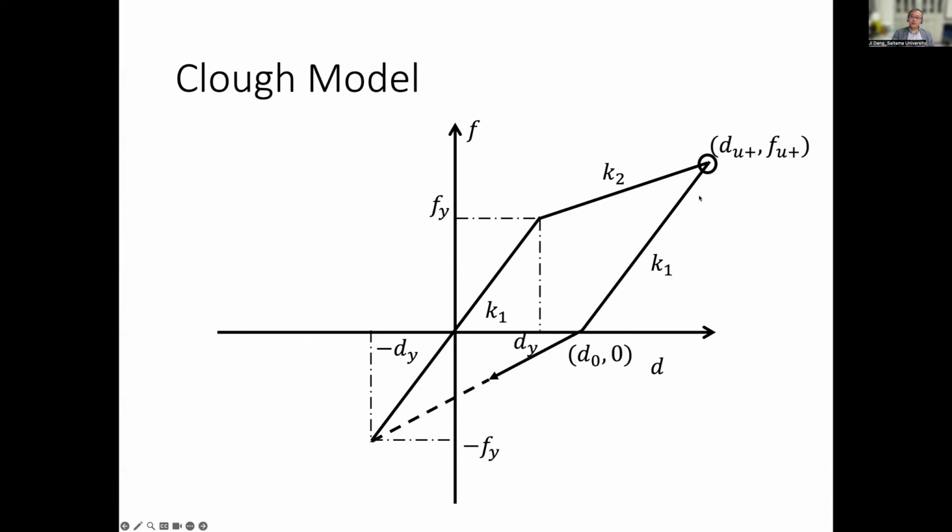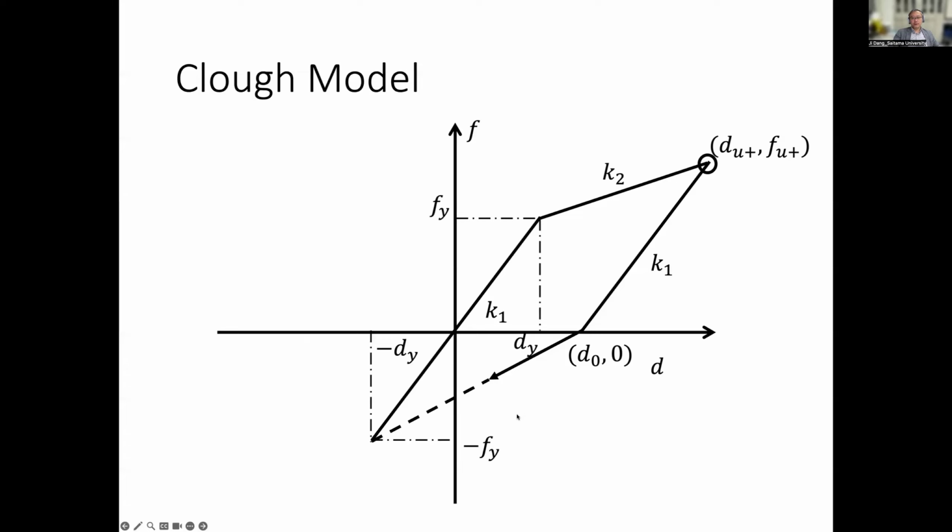After that, we remember this point, the most positively loaded point, du and df plus. And this point is d0, where the force is 0. From here to the negative part, they point toward the yielding point. This stiffness is not decided in advance, but decided by how they are yielding to this one. So this is called the stiffening gradient.